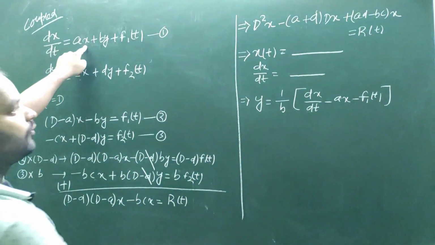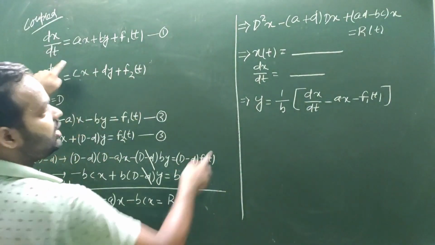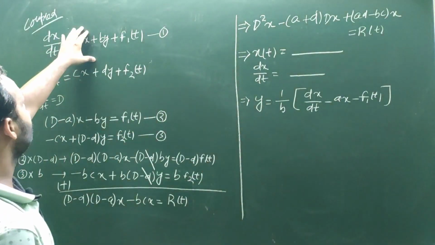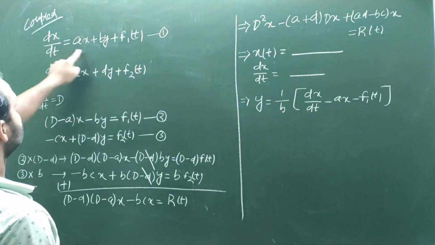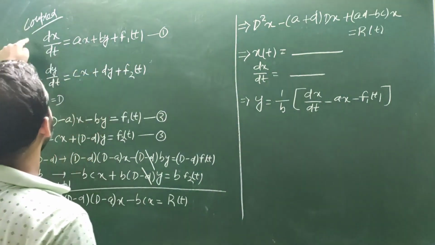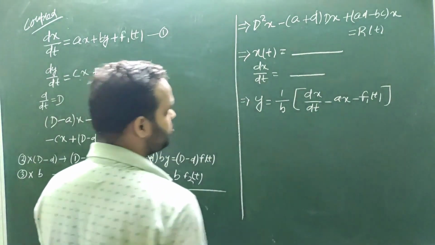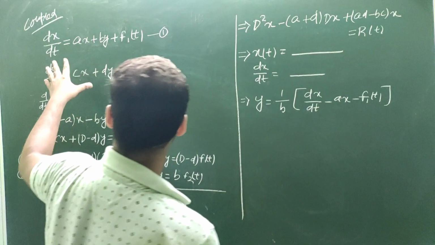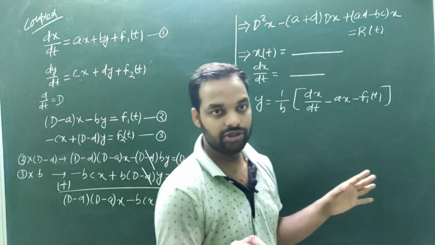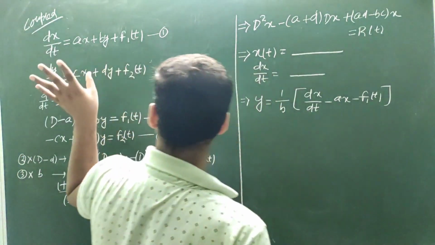You will find out the value of x from this one, dx by dt from here, and put here. So keep this on this side and take these two terms to LHS. So it will be y, b will be divided here. That's why this one. So you got x, you got y. Now the coupled differential equation is solved, right? So this is the general formulation.